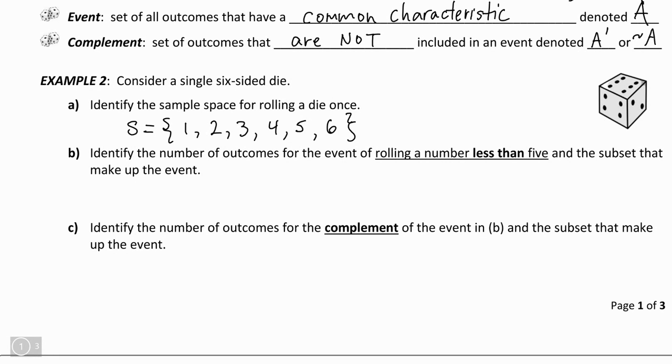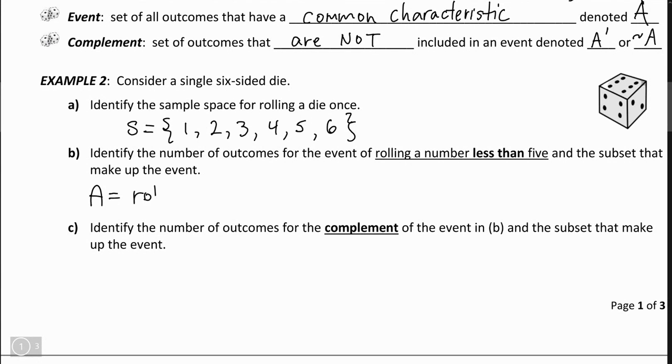Part B, identify the number of outcomes for the event of rolling a number less than 5 and the subset that makes up the event. My event, which I usually call A, is to roll a number less than 5. How many ways can you get a number less than 5? Well, you have 1, 2, 3, 4 ways.